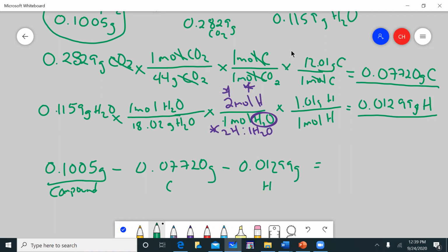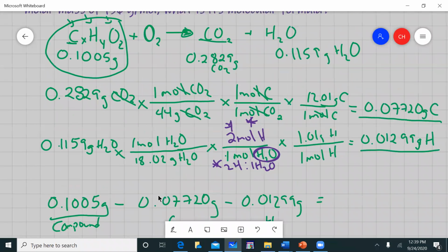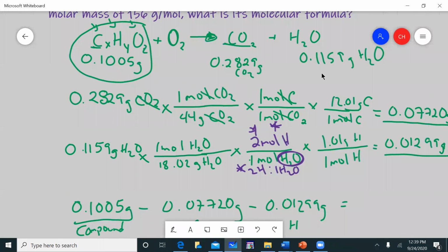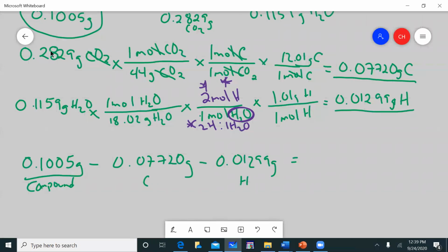What I don't want you to do, and it really won't work out for you anyway, is to try and go an easy way and take this number and subtract this number and this number. You will end up with a negative number. You've got to do this step here and this step here. Get your CO2 into your carbon, your H2O into your hydrogen.